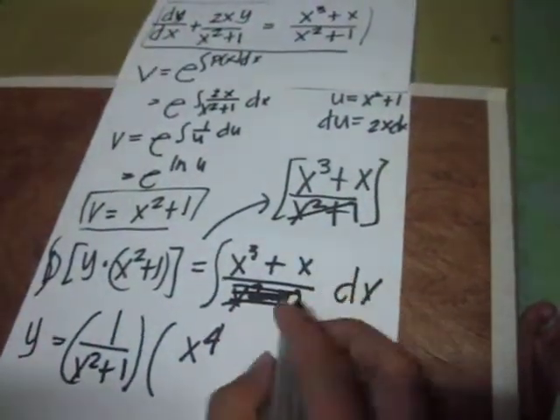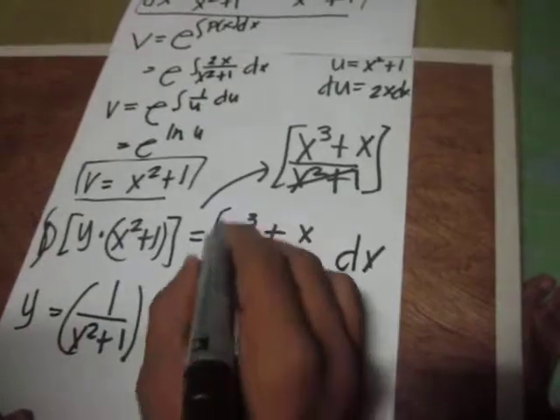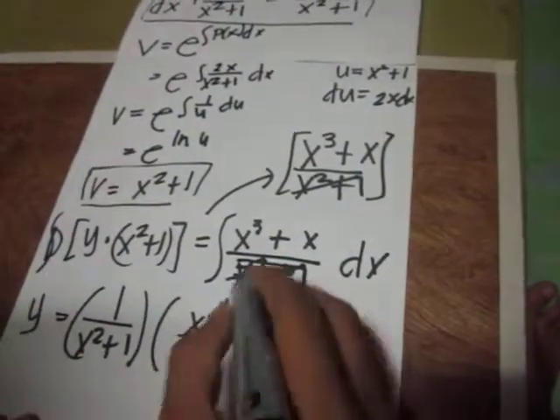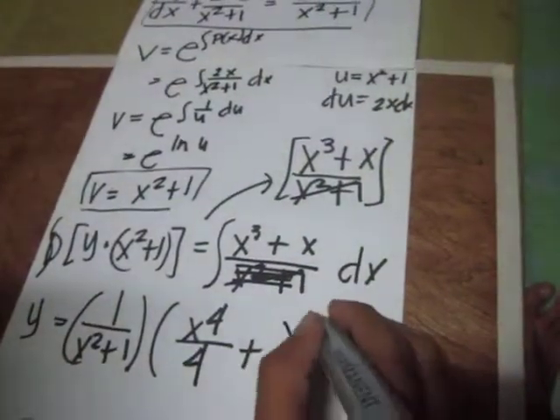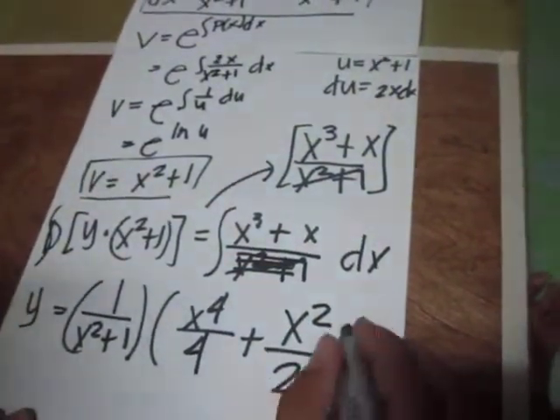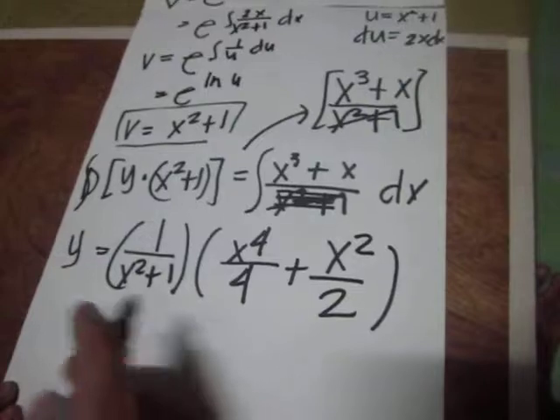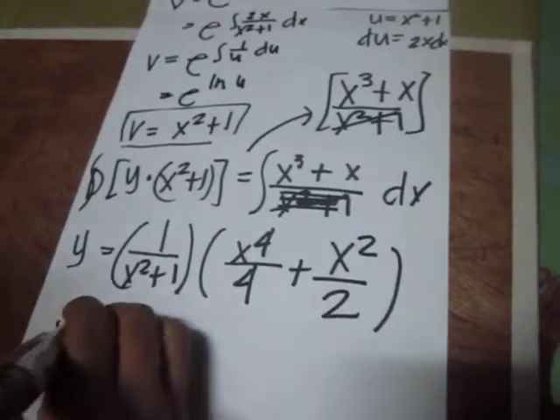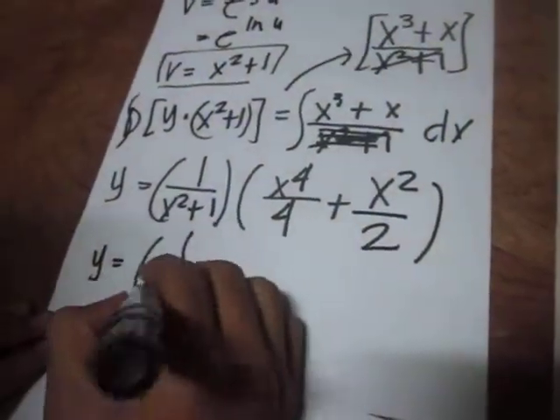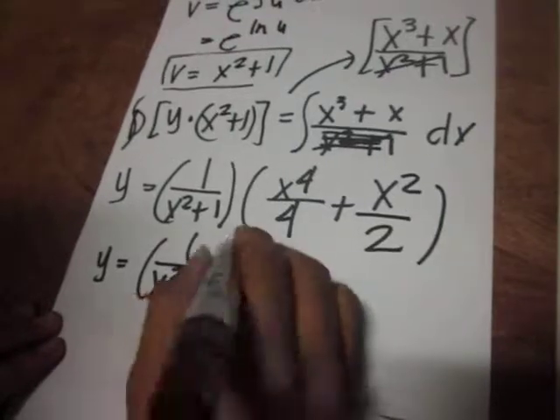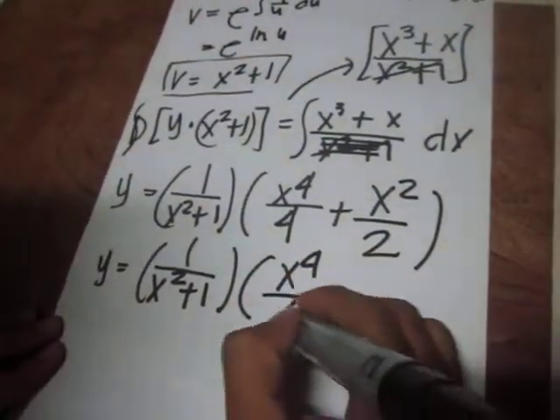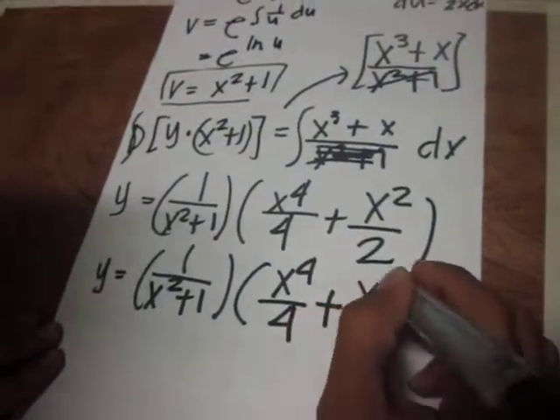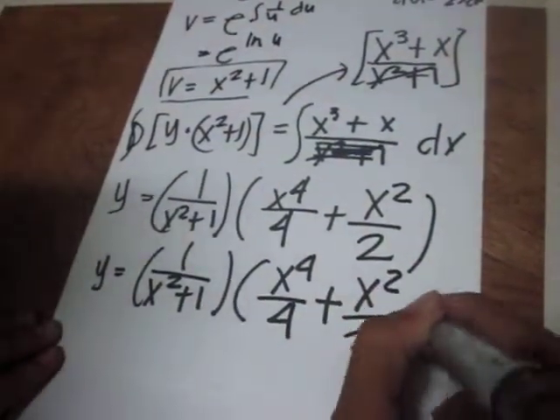So in integrating this, we have x to the 4th over 4 plus x squared over 2. Therefore we have y is equal to 1 over x squared plus 1 times x to the 4th over 4 plus x squared over 2 plus c.